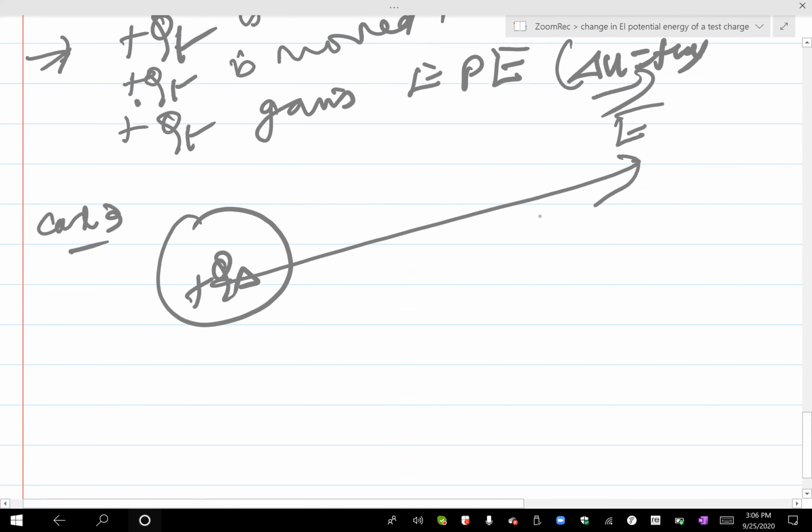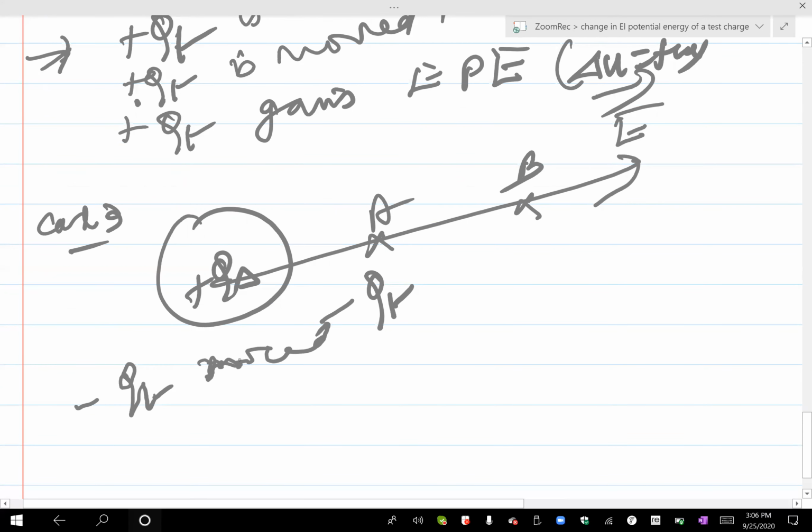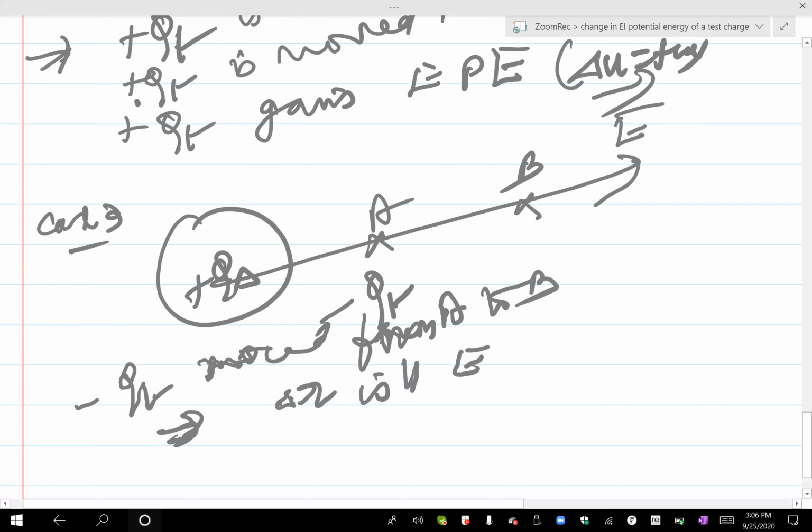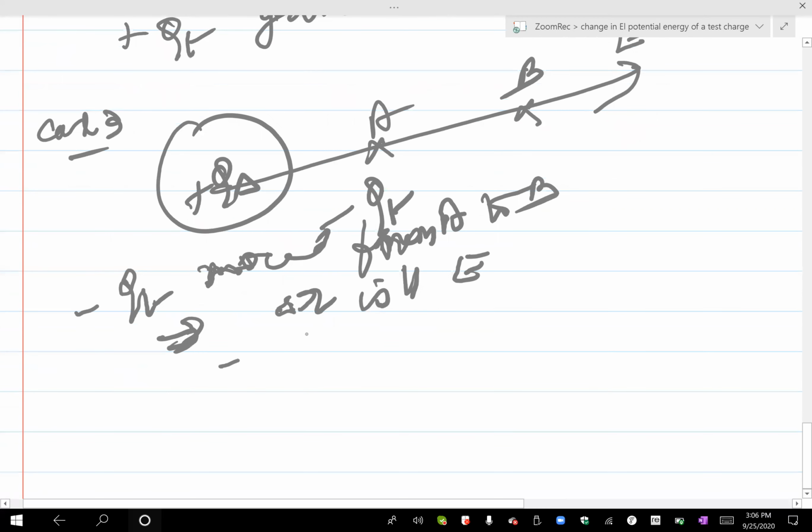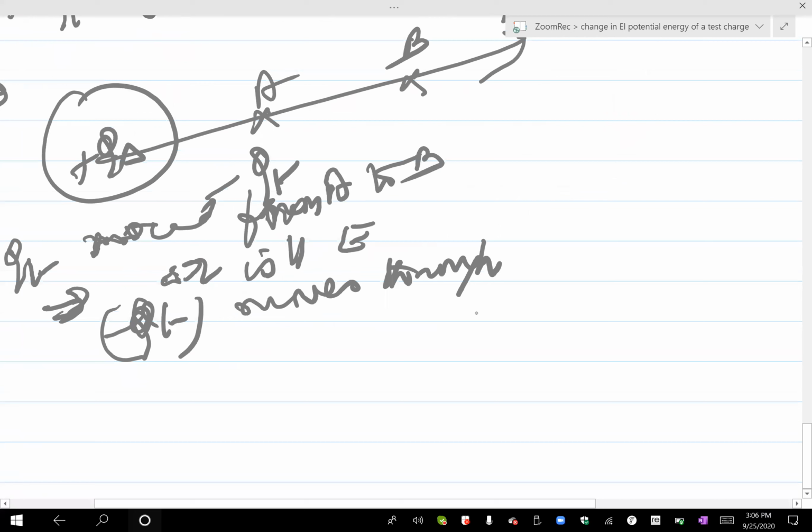Now you take a minus QT from A to B. So minus QT moved from A to B implies my delta R is parallel to E, or in other words, minus QT moves through minus delta V.